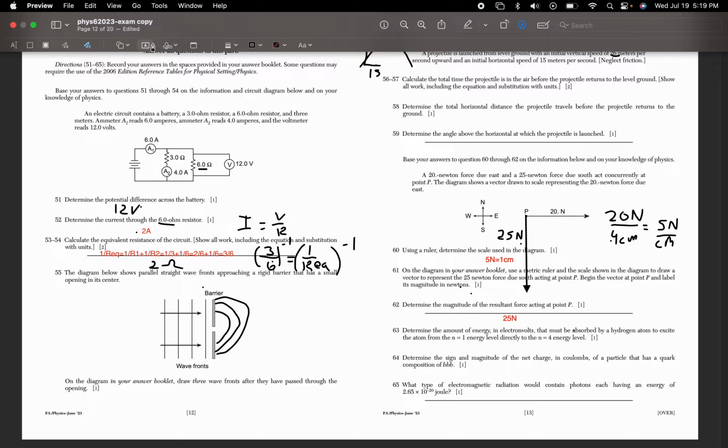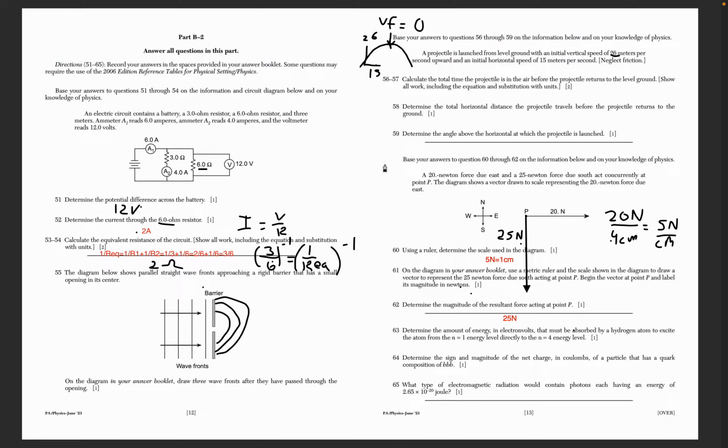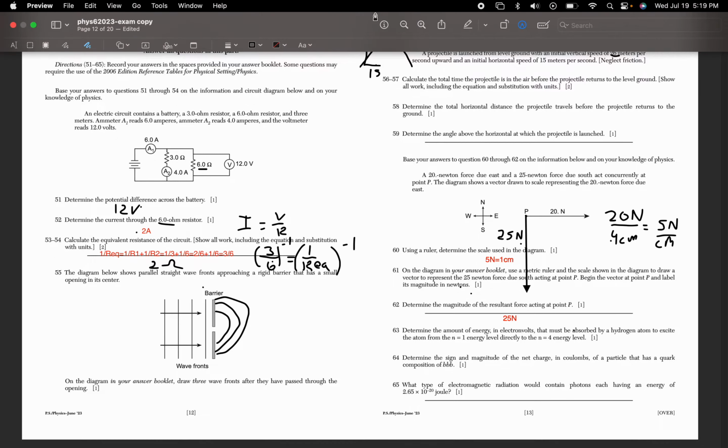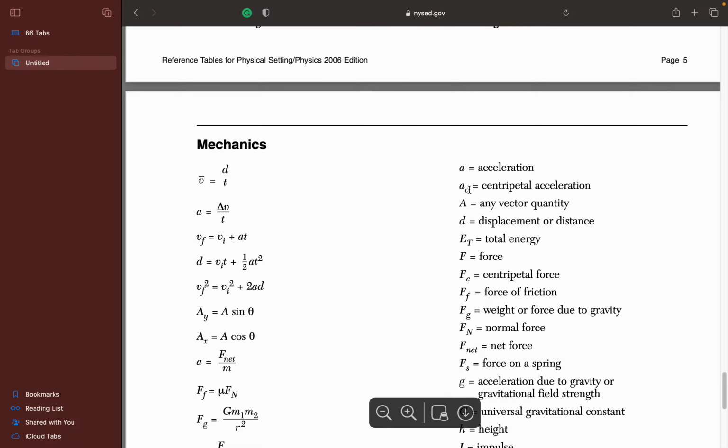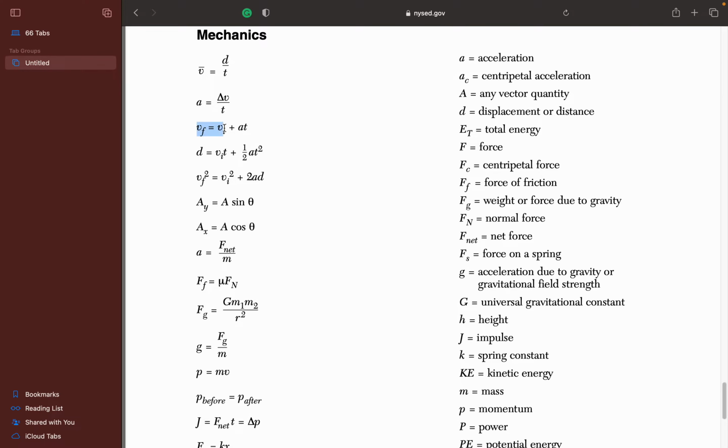What formula can we use? We have the acceleration, which is negative 9.81, the initial vertical speed, and the final speed. The formula we can use is in the kinematics: Vf equals Vi plus at. We have the final velocity, the initial velocity, and the acceleration, and we only need the time.